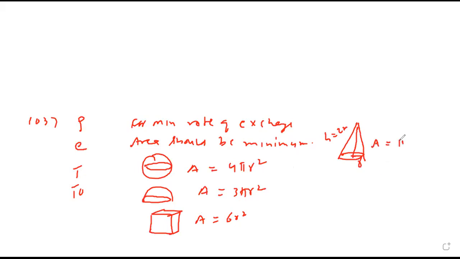Surface area is pi r into r plus l, where l is greater than 2r. So it is pi r into something greater than 3r, so it will be greater than 3 pi r square. So that means 2 is least.